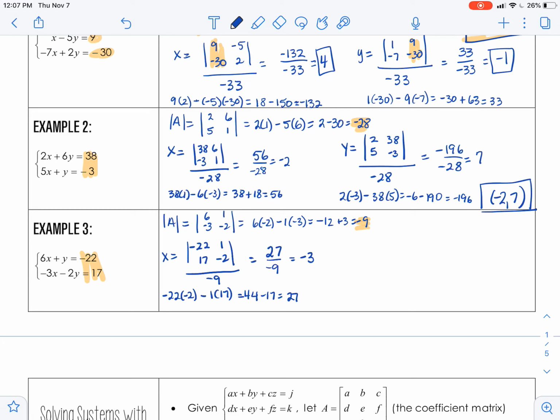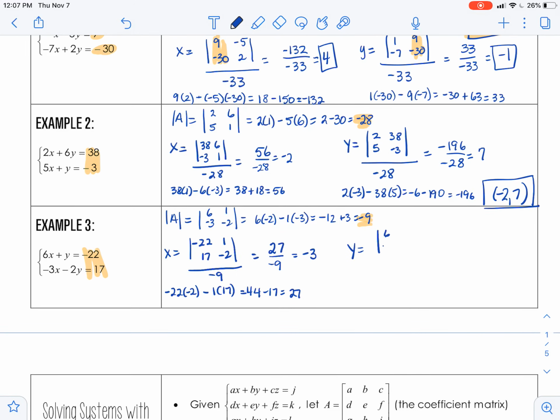Okay, so my Y's, again, my constant goes in place of my Y's. My X's go back to what they were. And then again, I'm going to get my determinant. So 6 times 17 minus negative 22 times a negative 3.